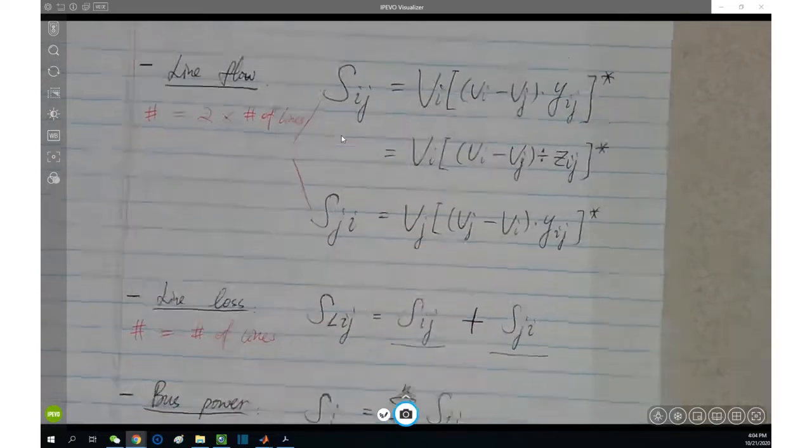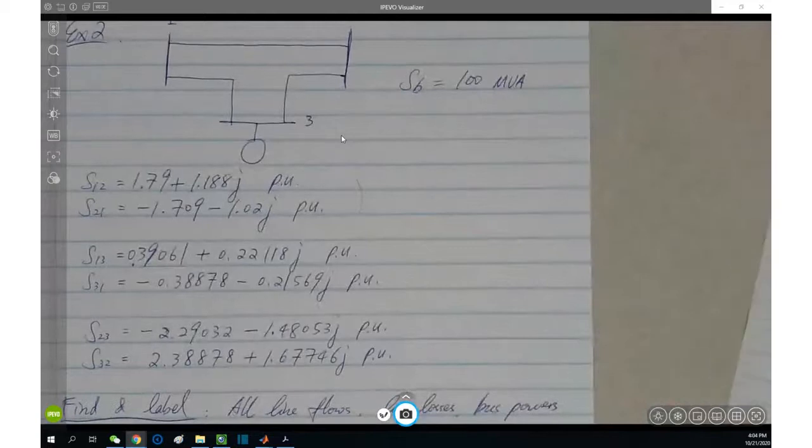So these are very basic equations, please go ahead and try to do this problem. As you can see in this problem, no bus voltages are given, and no line impedances or admittances are given either. However, all of the line flows are given, right?